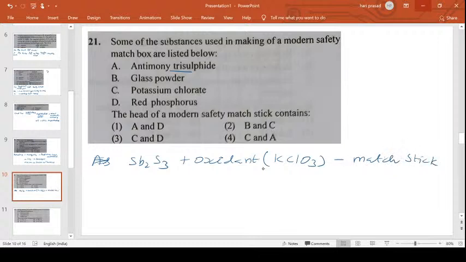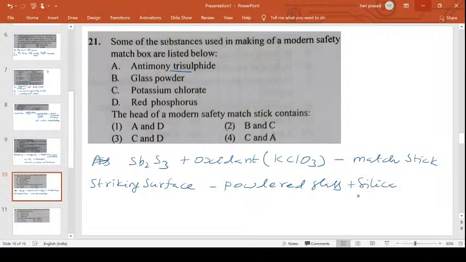Then the striking surface. The striking surface contains powdered glass and silica, which is sand, with the formula SiO2, and red phosphorus is present in the striking surface.